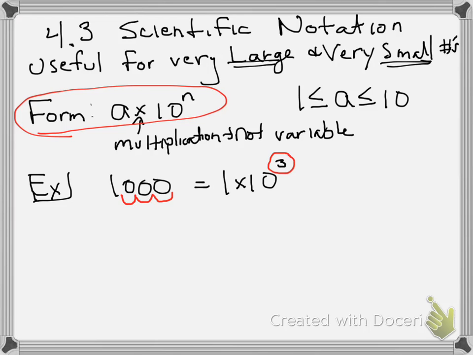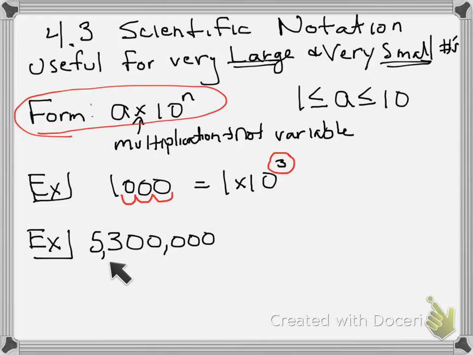Let's look at another example. It's slightly more complicated. 5,300,000. So what does our a have to be? Our a will be 5.3 because that's between 1 and 10. And now we have to figure out how many positions we have to move the decimal place.